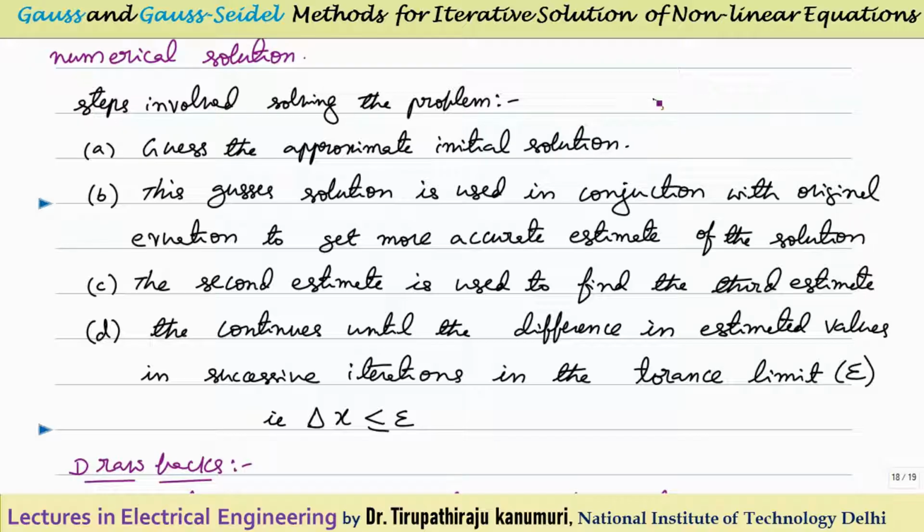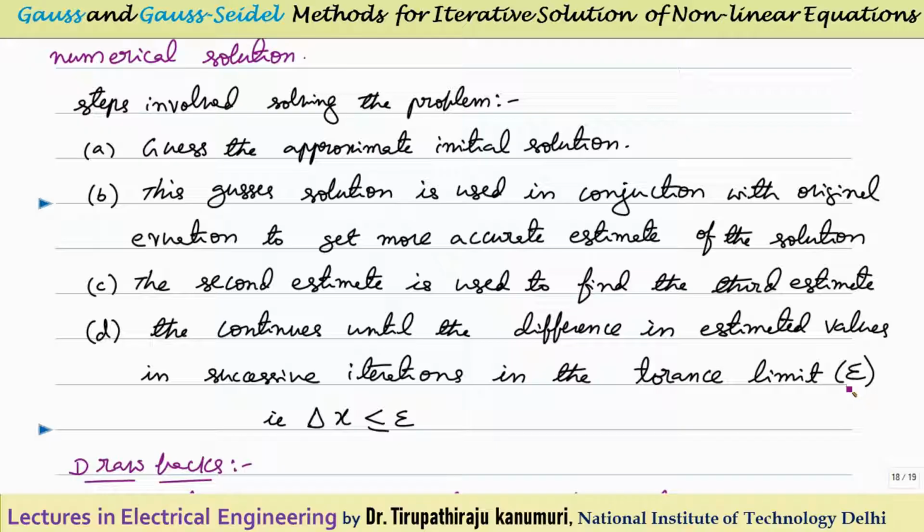Once the guess is done, that guess may or may not be correct. So that guess solution is substituted in the original equation to get the new updated values of the variables x and y. These updated values are again substituted in the equation to get better updated values. This procedure continues until the difference in the estimated values of two successive iterations is within the tolerance limit.